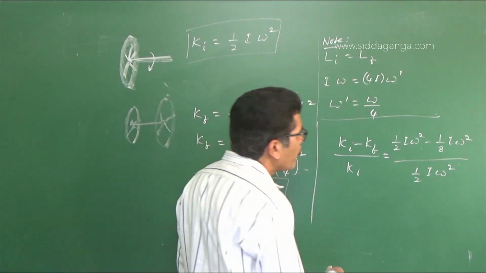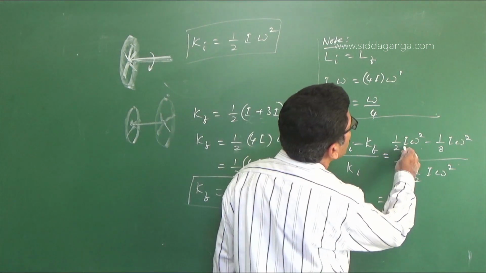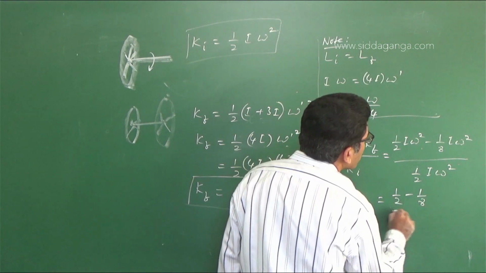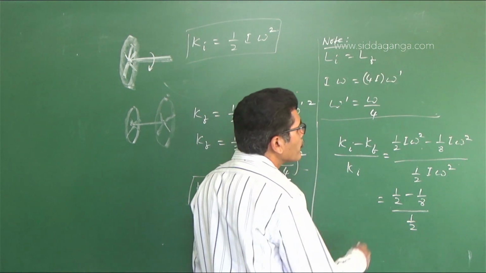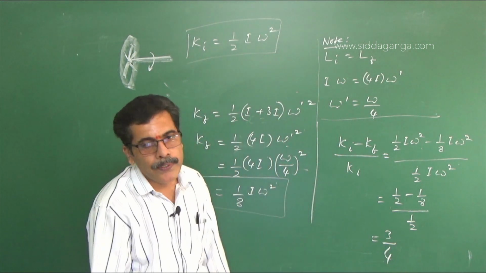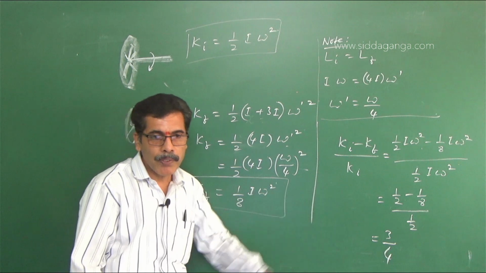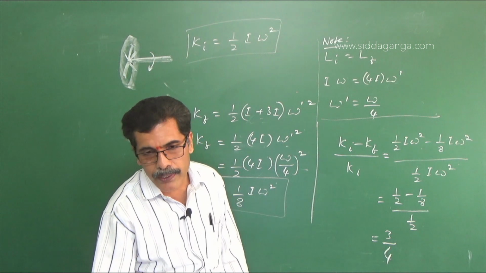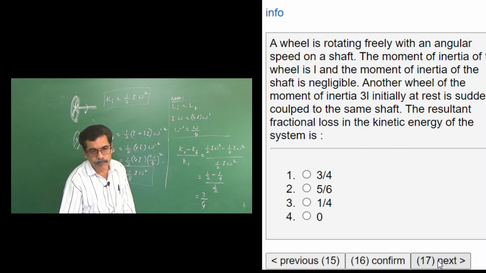When you make the simplification, you are going to get half minus 1 by 8 divided by 1 by 2. Here the LCM is 8. You get 3 by 4. Therefore, the fractional loss in the kinetic energy of this wheel is 3 by 4. Or if they ask you to calculate the percentage loss, it is 75%. 3 by 4 is the answer.